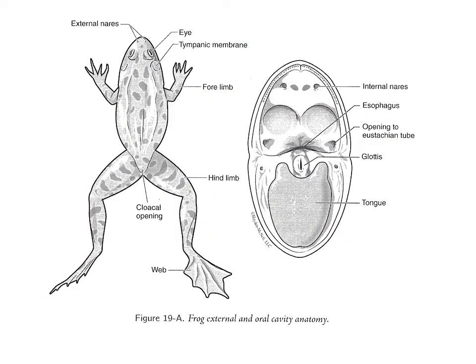All right, so just some external anatomy, and then as we get into the oral cavity. So adult frogs don't have a tail. Okay, and they also don't technically have what we call an anus. Technically, an anus is just the exit from the digestive tract.